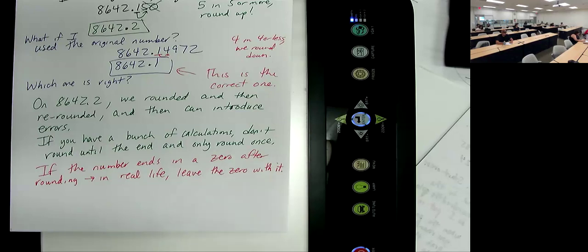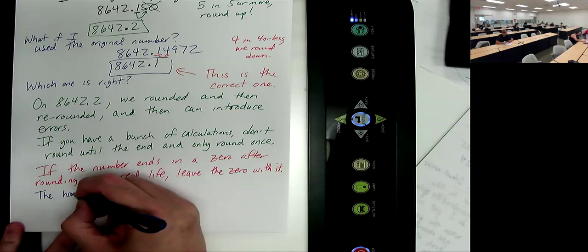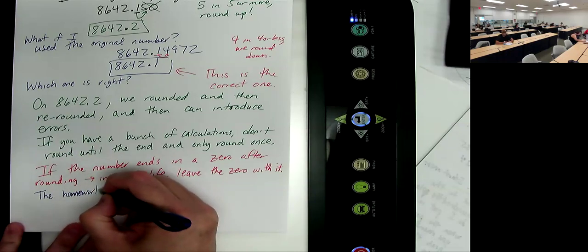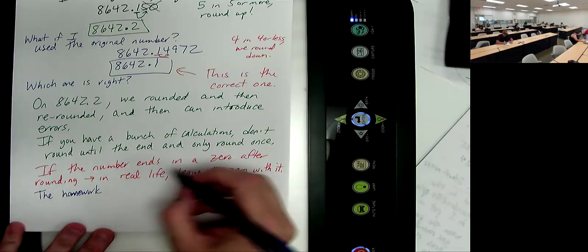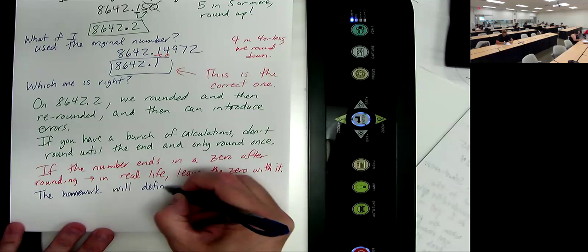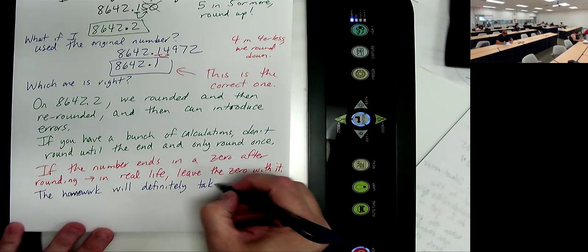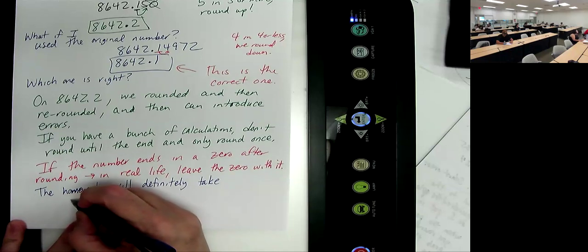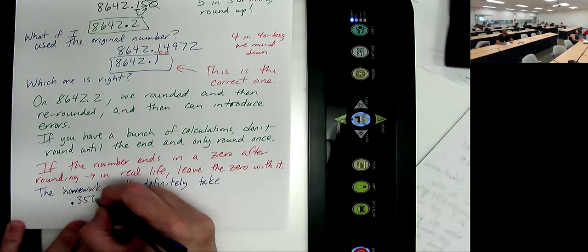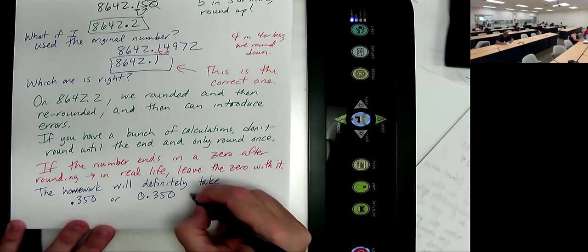The homework will definitely take, and I'll use an example number here, 0.350 or 0.35.